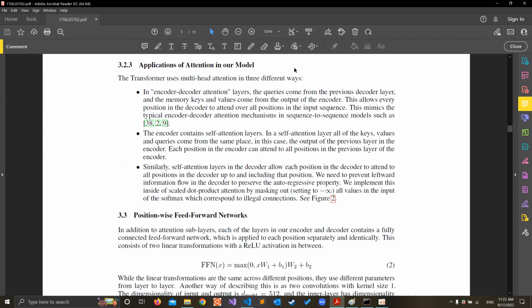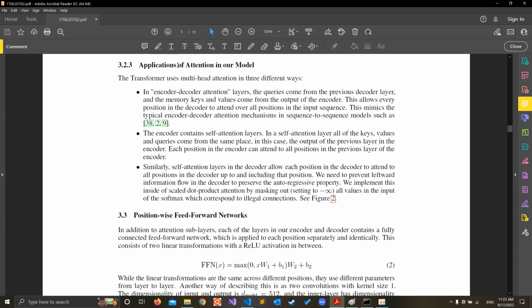Our plan is to finish this paper in this section, and then in the next session we are going to complete our code in both TensorFlow and PyTorch and finish this series of videos.